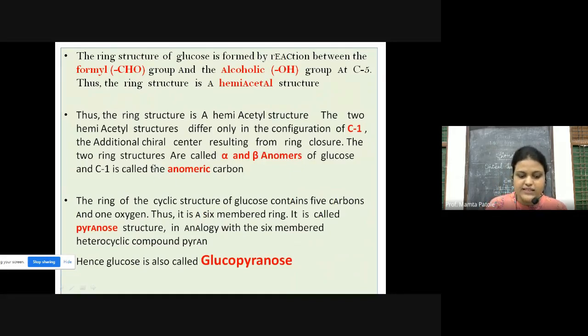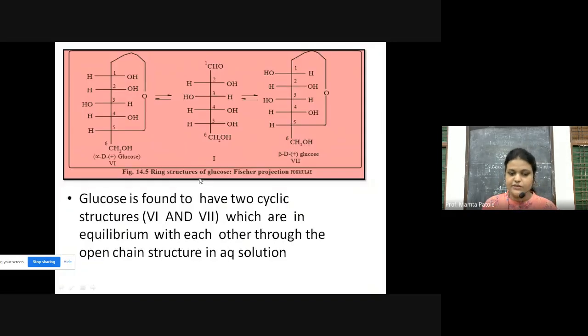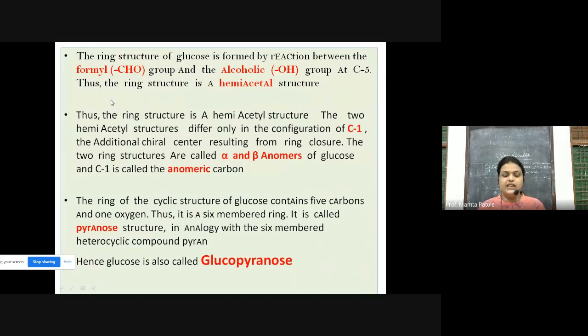The two ring structures are called alpha and beta anomers of glucose, and C1 is known as the anomeric carbon. You have to remember that C1 is the anomeric carbon, and one is known as alpha D glucose and the other as beta D glucose, and they are anomers of each other.